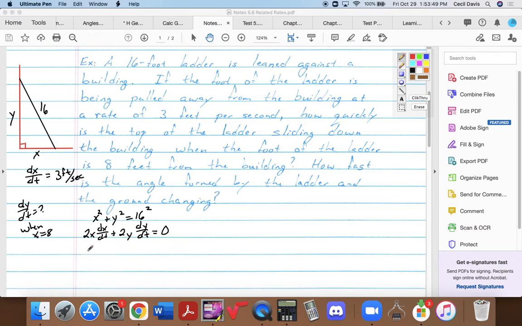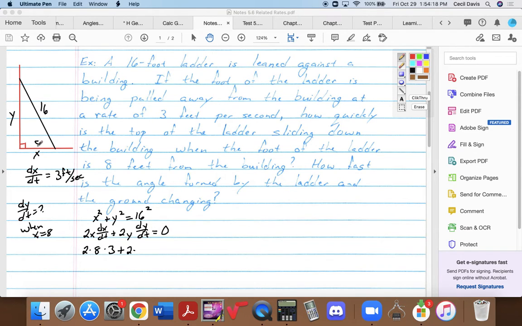So I can substitute in the things that I know. I'm interested in dy/dt. I know that x is going to be 8, so it's going to be 2 times 8 times dx/dt is 3, plus 2 times, and this happens a lot. You get to a point and you're like, wait a minute, I don't know what y is. You calculate. You go back and do this equation again.